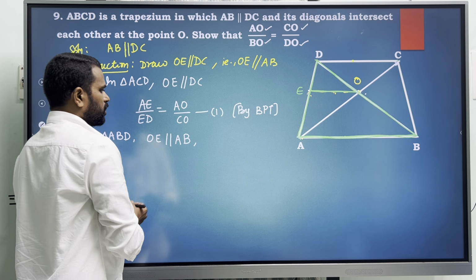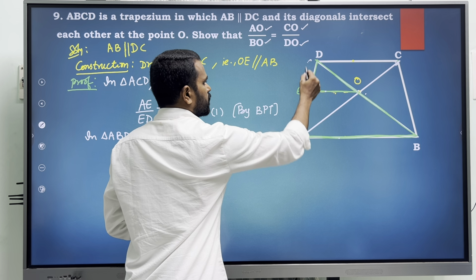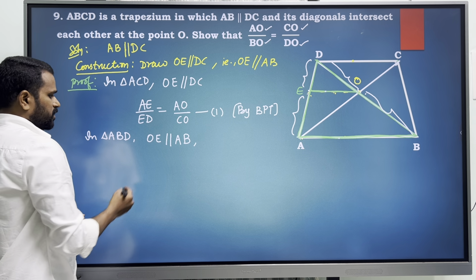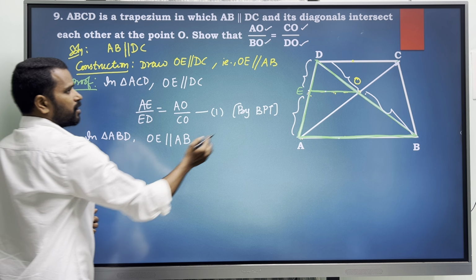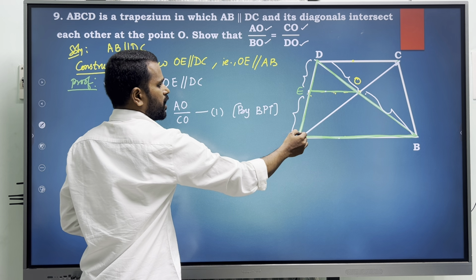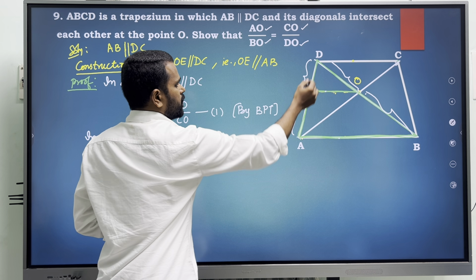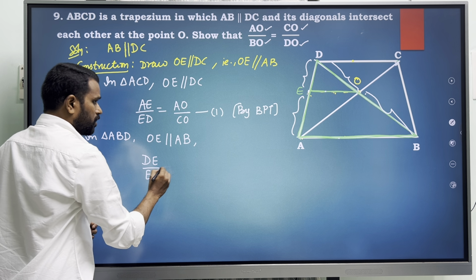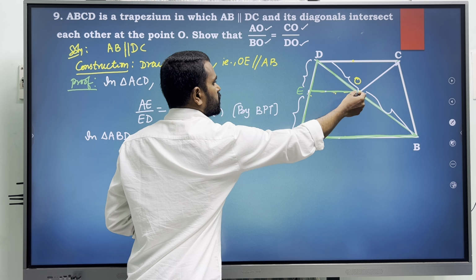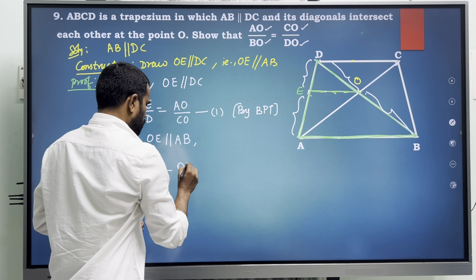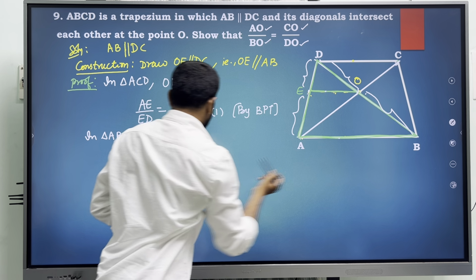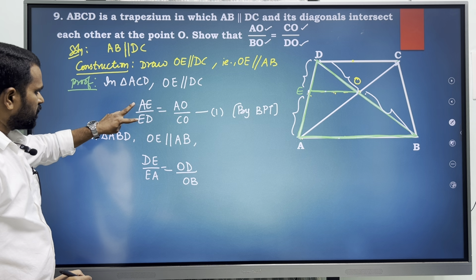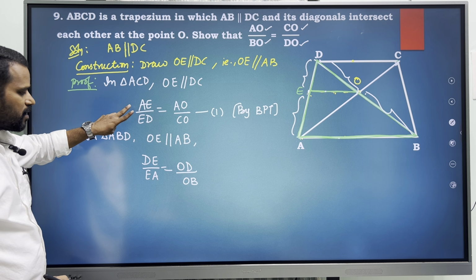That means the sides are proportionate, that is DE by EA is equal to OD by OB. But here you see AE by ED.